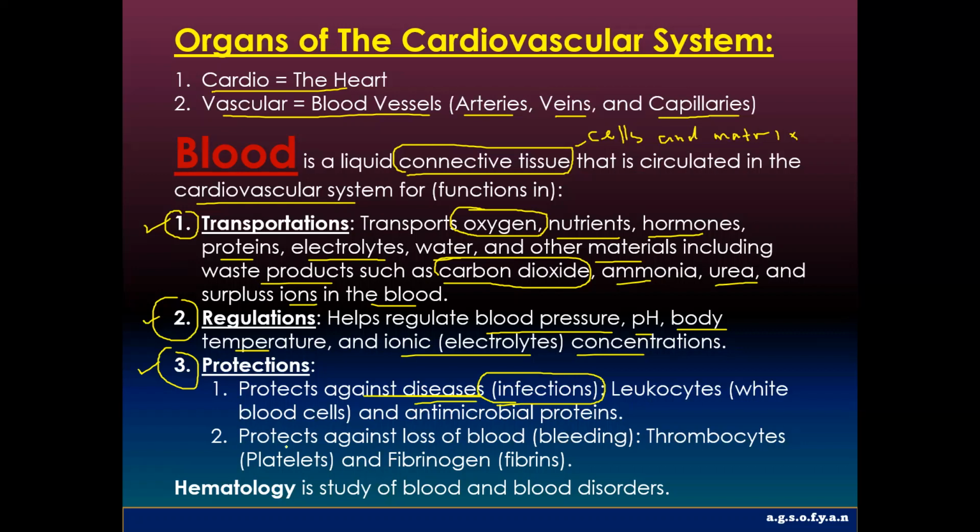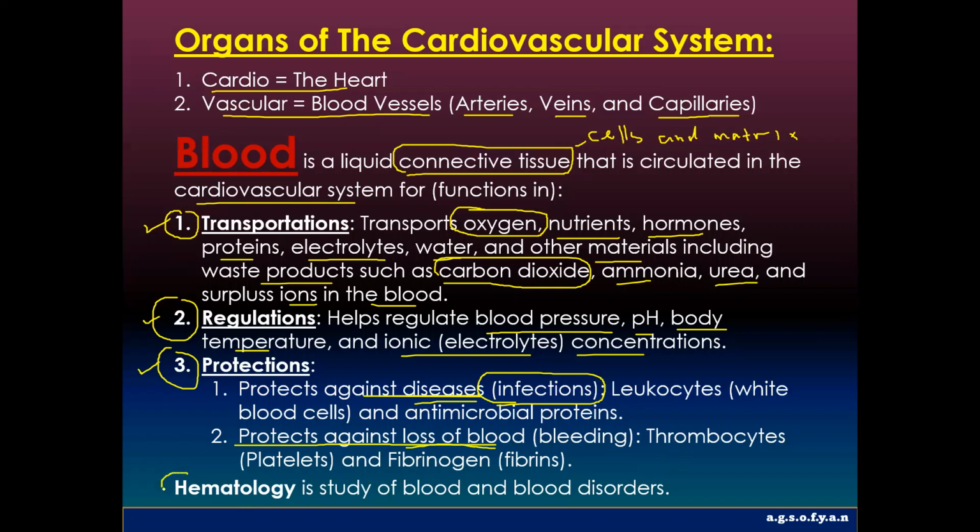And the second protection is against losing blood or bleeding. There are several parts of the blood that will agglutinate or clot the blood when we are bleeding. So this is protection against loss of blood or bleeding.